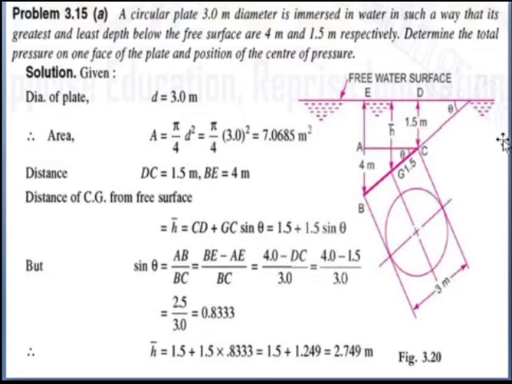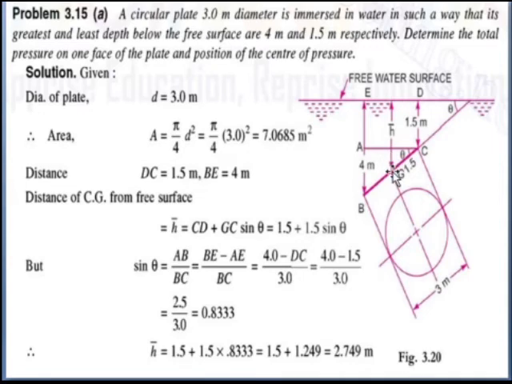Then the center of gravity is acting over here. This circular plate has a diameter 3, so the center of gravity is acting over here at a distance of 1.5.